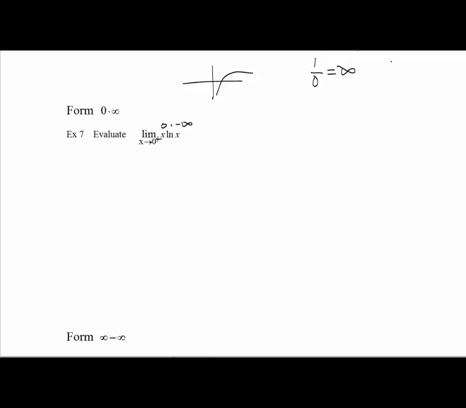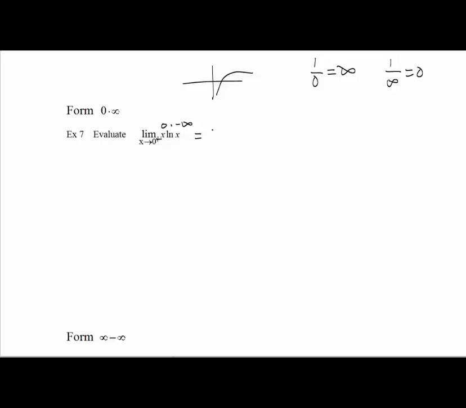And if you have a limit that ends up in the form of 1 over infinity, we know that is equal to 0. So I can do one of two things. I can rewrite x in the denominator as its reciprocal, or I can rewrite the natural log of x in the denominator as its reciprocal.